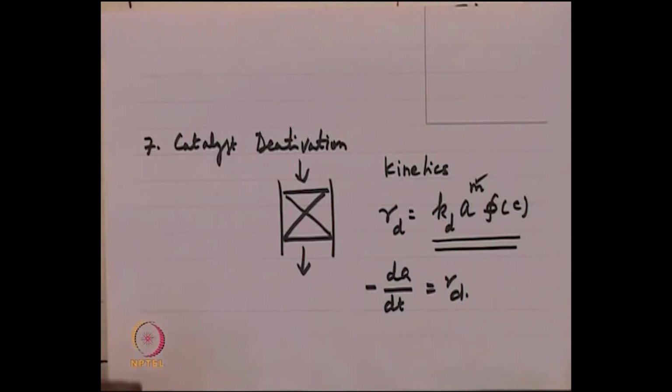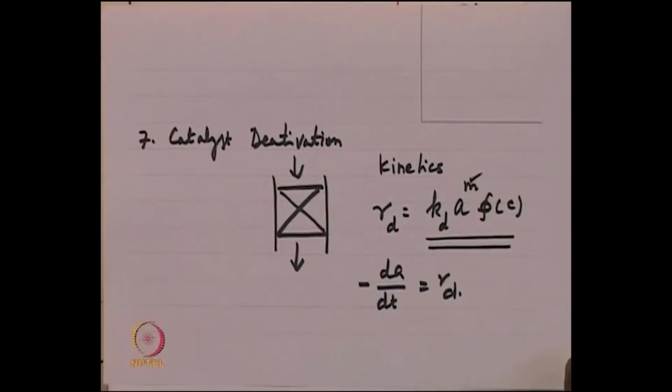So that we can appropriately tune the process to take care of this deactivation and ensure that we produce products at the rate at which we have designed that plant for. So, the object of this set of lectures is to determine this function, so that we are able to go forward and use this information for our design, operation and control of processes involving catalysts.